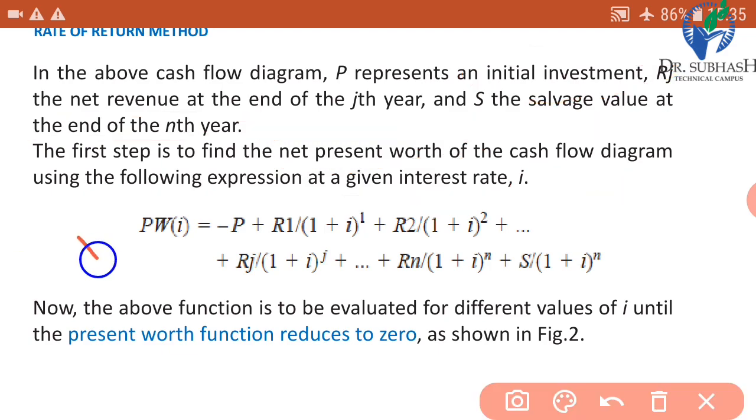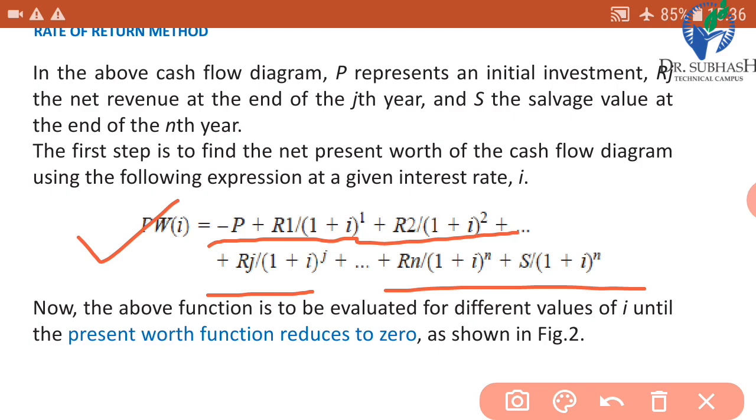So this is the formula: present worth at a rate of interest i is equal to minus P plus R1 upon (1 plus i) raised to 1, plus R2 upon (1 plus i) raised to 2, plus up to Rj upon (1 plus i) raised to j, plus up to Rn upon (1 plus i) raised to n, plus S upon (1 plus i) raised to n. So this is the formula for calculating the present worth amount.